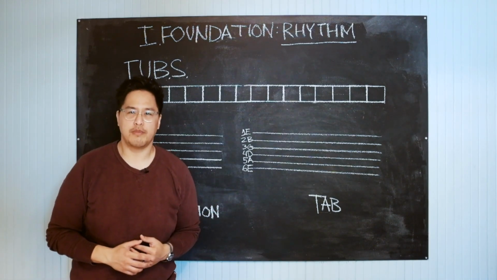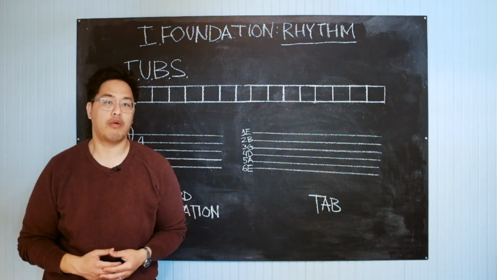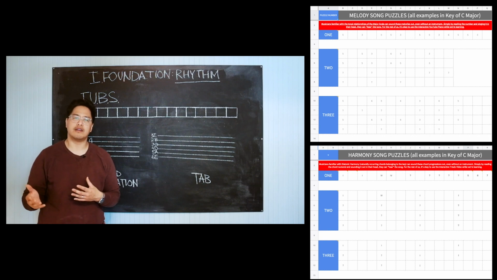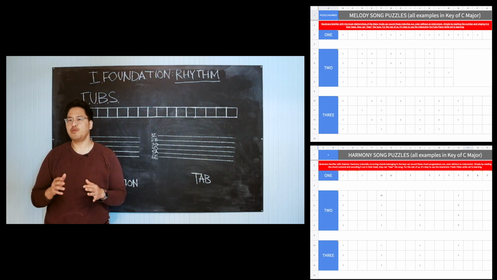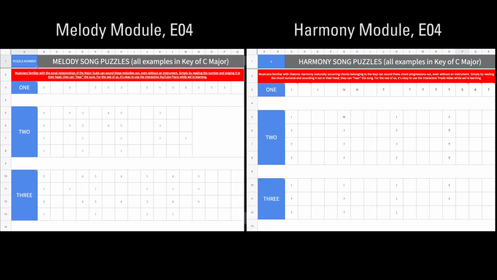In episode 1 of this module, we saw that melody and harmony each have a rhythmic component already. In fact, all of the song puzzles I've created for the melody and harmony modules so far have implied it from the beginning. Wherever you see spaces between the blanks I've left for you to fill in, I've included them intentionally. They're time units.